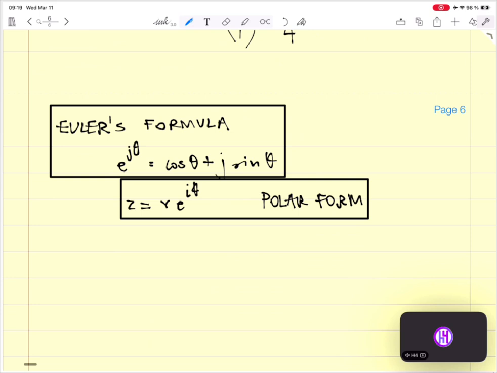It turns trigonometric expressions into exponential expressions, and that makes your life so much easier, because the derivative of the exponential is the exponential, and the integration of the exponential is the exponential. So it's super easy.